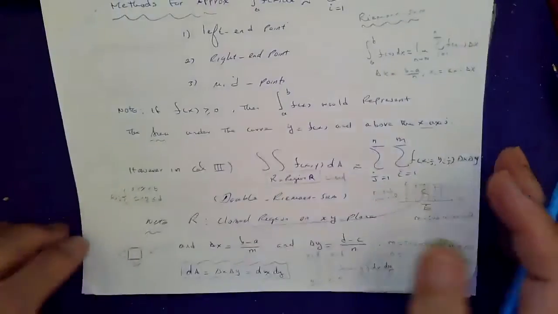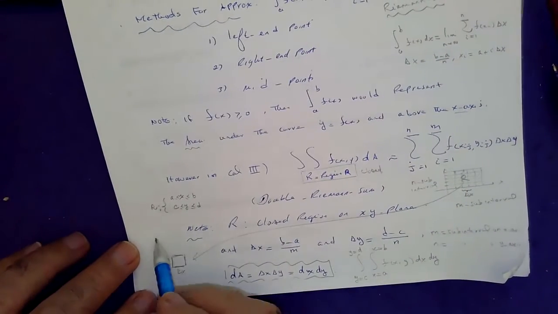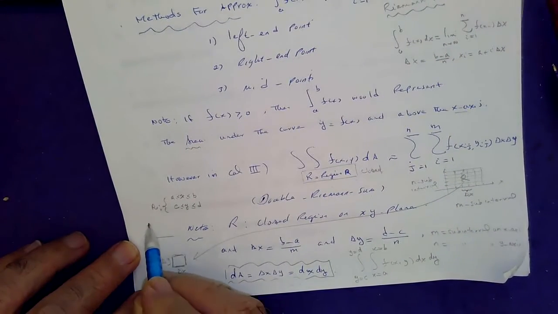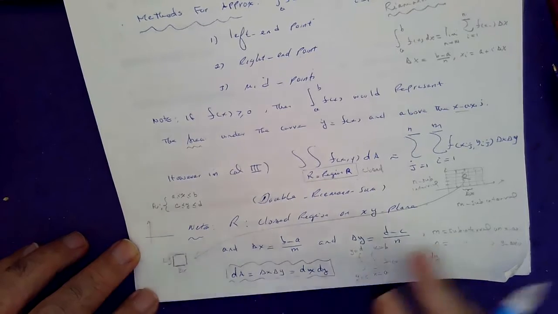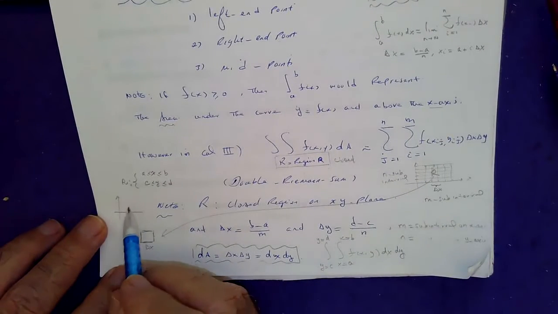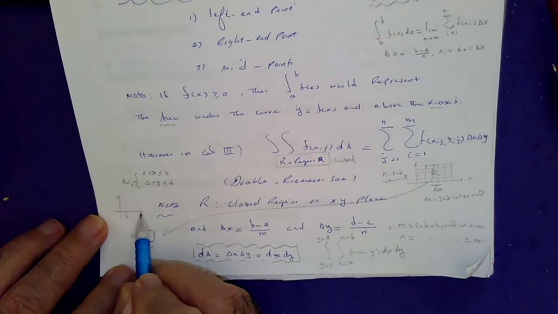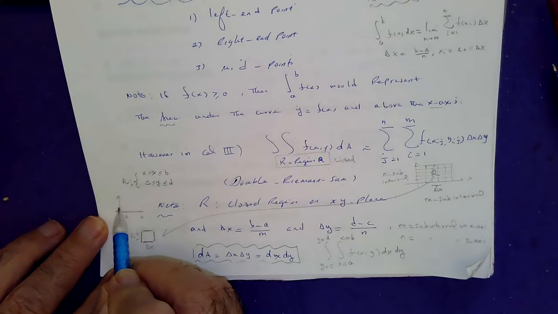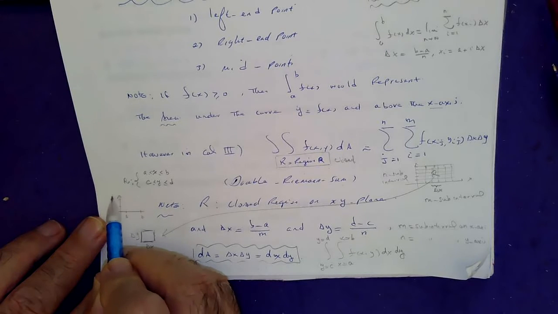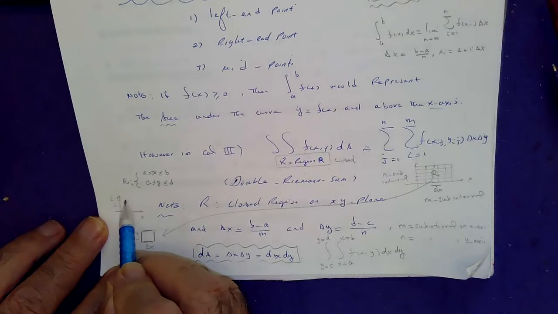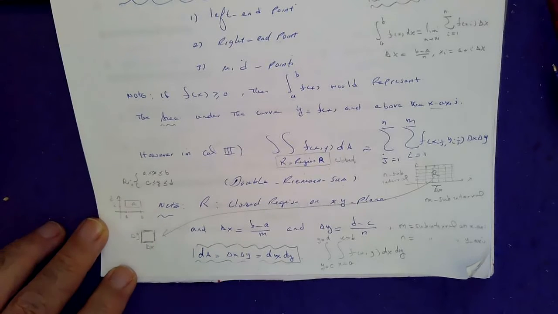In other words, instead of dividing just the x-axis into equal sub-intervals, now we go from a to b along the x-axis and c to d along the y-axis, and we come up with this rectangular region.